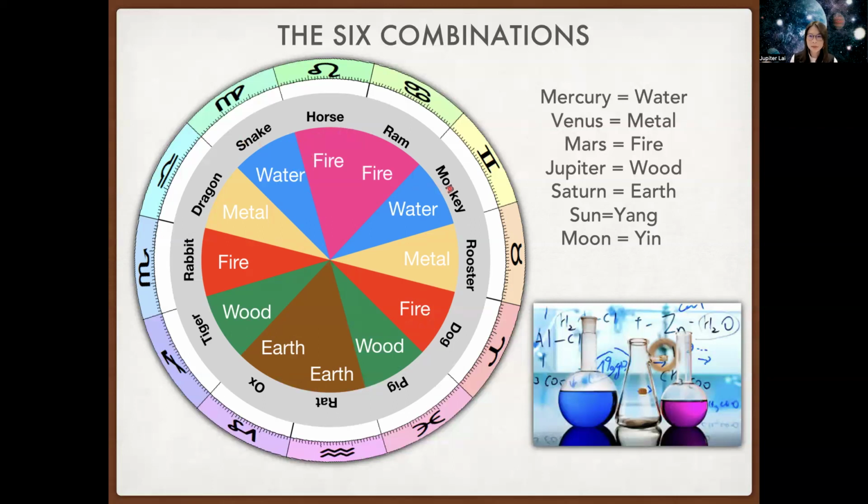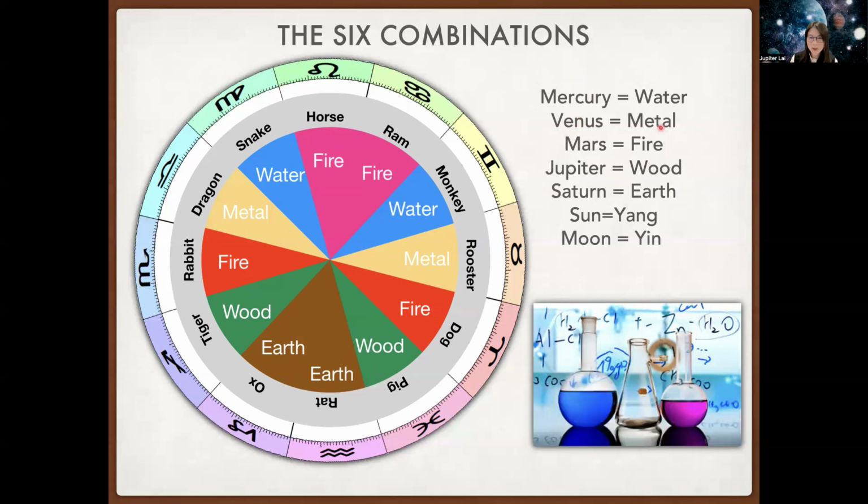What is more interesting here is, for example, dragon and rooster combine and become metal. We can see metal corresponds to Venus, because dragon corresponds to Libra and rooster corresponds to Taurus. They are both ruled by Venus and they become the element of metal.